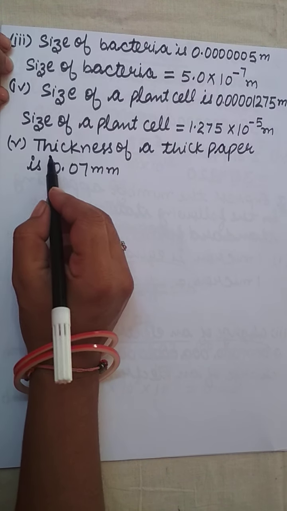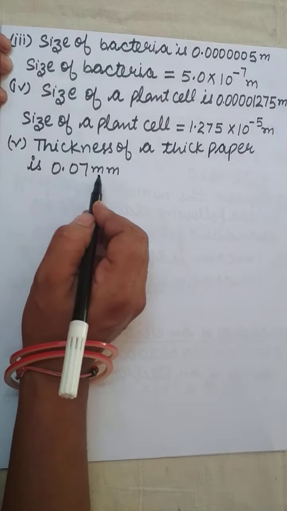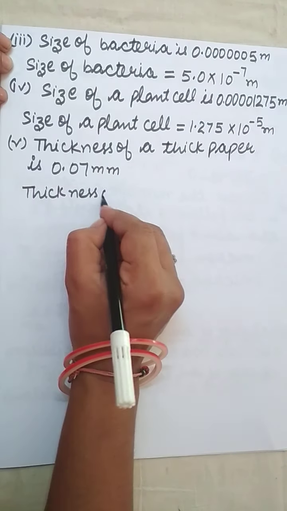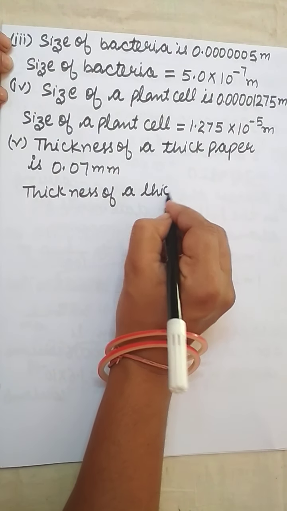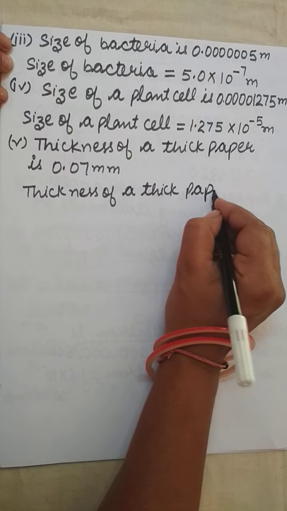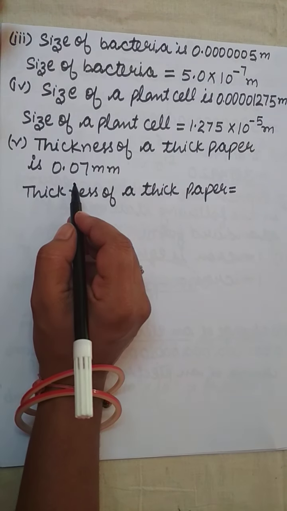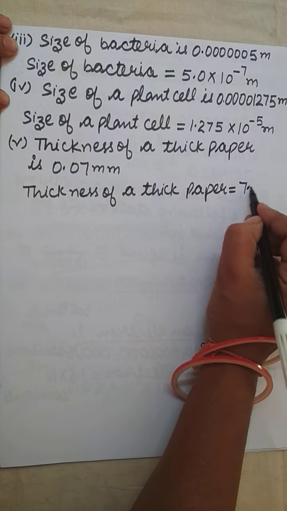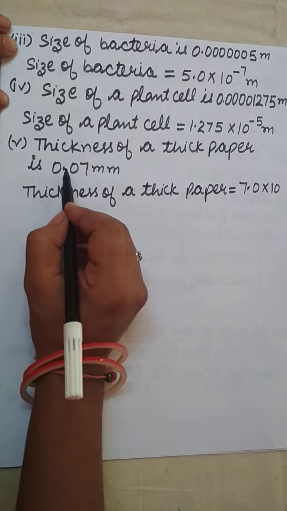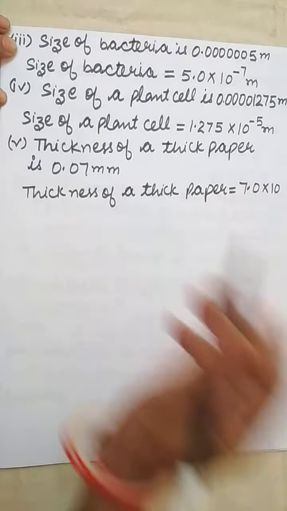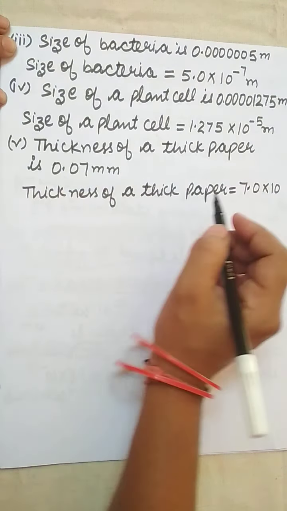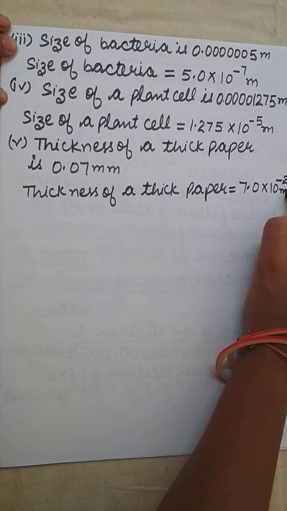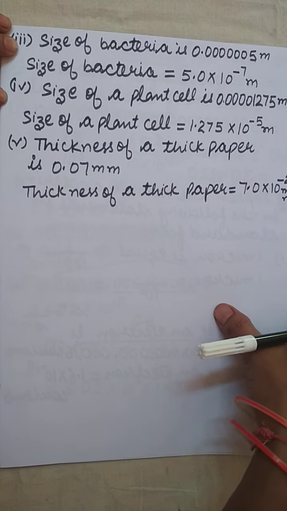Next is thickness of a thick paper is 0.07 mm. Now we can write it as thickness of a thick paper is equal to, as we just have to change the given numbers into the standard form, so it can be written as 7.0 into 10 raised to power, as we just have to move this decimal up to 2 digits only, so it will be 7.0 into 10 raised to power minus 2 mm, which is the required answer.